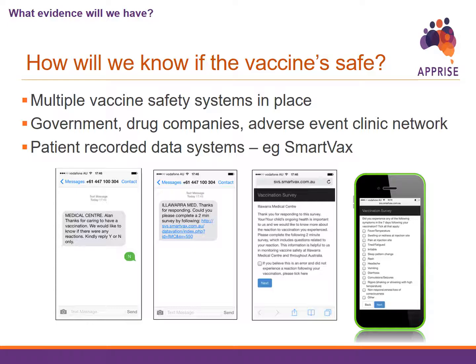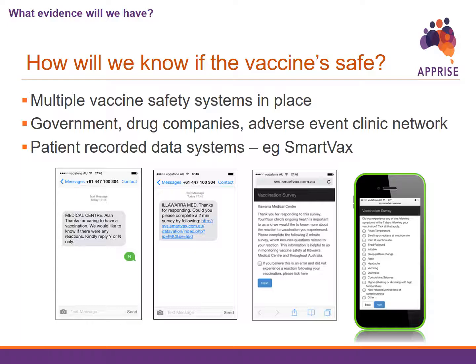We talked about the importance of monitoring vaccine safety, and in a country like Australia, we have multiple vaccine safety systems in place. The government has a passive adverse events reporting system for all drugs, including vaccines.